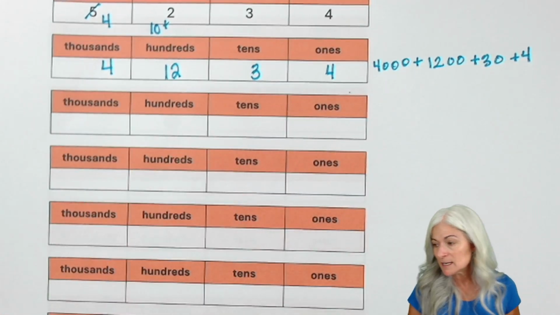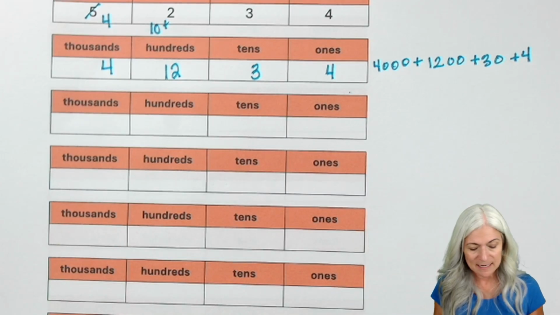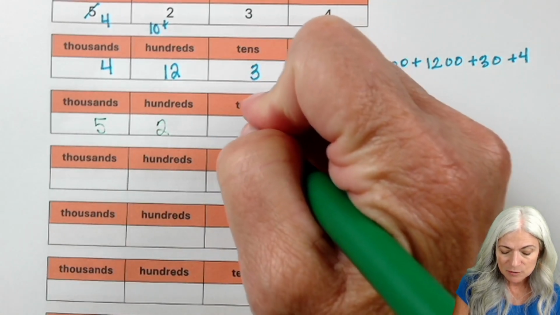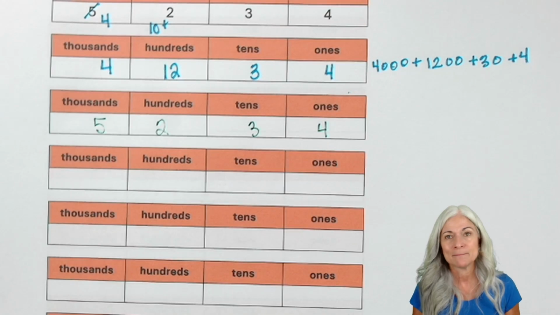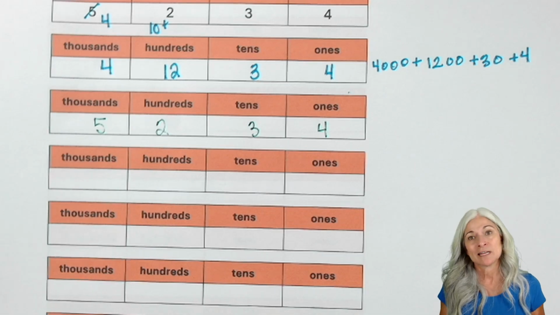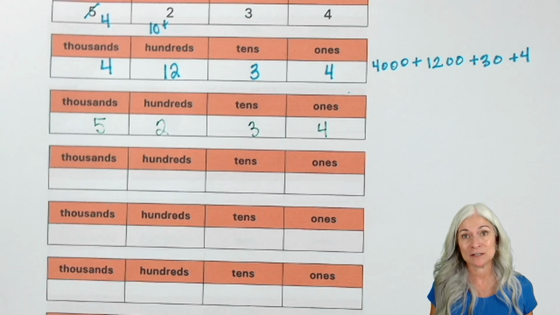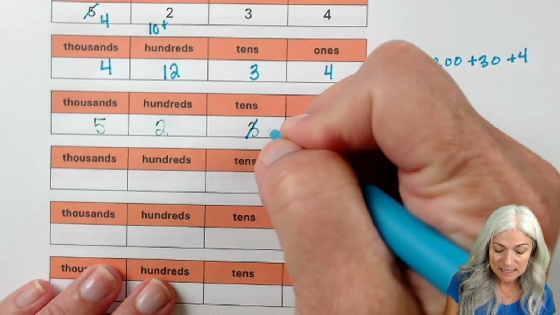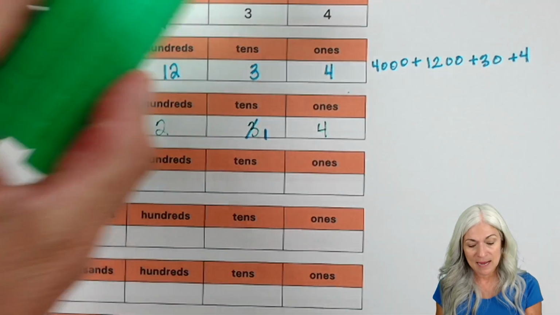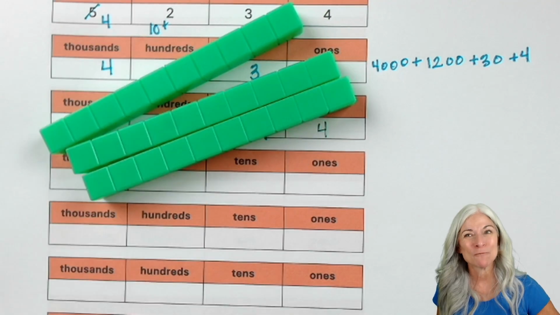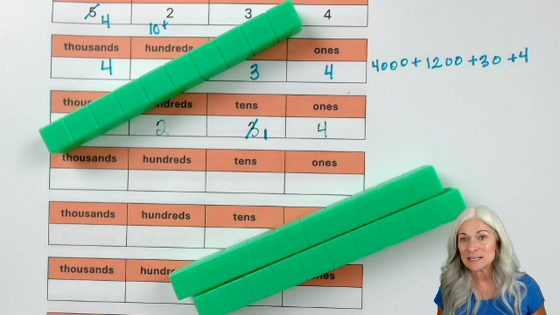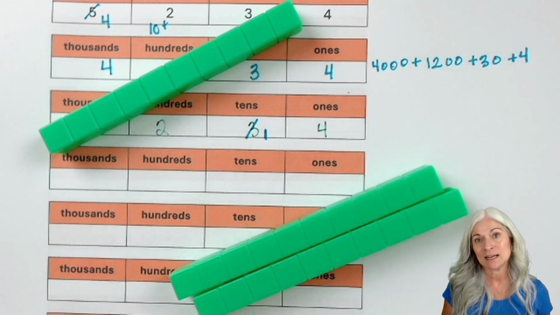Now, there are many different ways we can use that. Let's go back to the original one. I'm going to write it in a different color. I'm just writing the original way, 5,000s, 200s, 3 10s, and 4 1s. Okay, goes back to what we started with. Well, we could think about taking away 2 10s if we wanted to. If I took away 2 10s and I made that 1 10, okay, well, I have 3 10s. See how helpful these place value charts are? If I take away 2 of them to turn into 1s, how many 1s do I have?